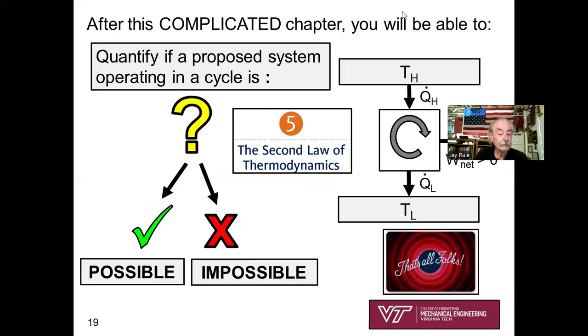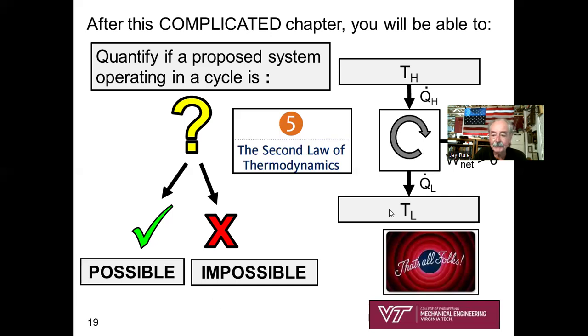So we have reached the overview of chapter 5, called the second law of thermodynamics. That's what you're going to be talking about. It is possible that some of these concepts will blow your mind. I want you to hang in there and keep plugging away, because here's what you're going to be able to do as an engineer once you finish chapter 5. You're going to be able to tell if a proposed system operating in a cycle is possible or impossible.